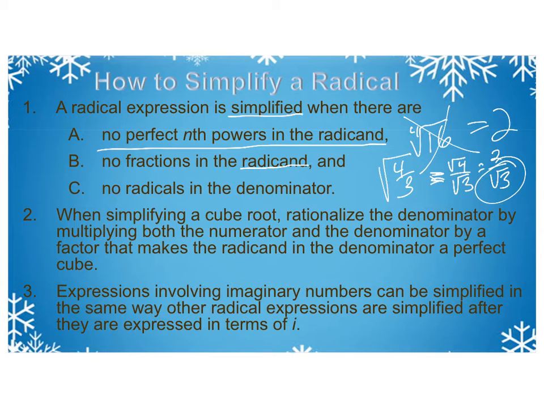Expressions involving imaginary numbers can be simplified in the same way other radical expressions are simplified after they're expressed in terms of i. So no negatives inside of an even square root. Actually, no negatives inside a radicand. That negative is going to come out and be a negative on the outside. If it's even, it's i. If it's odd, it's just a negative.